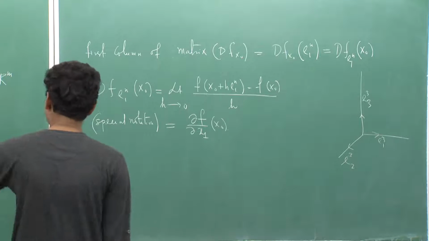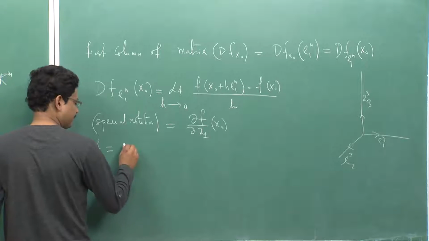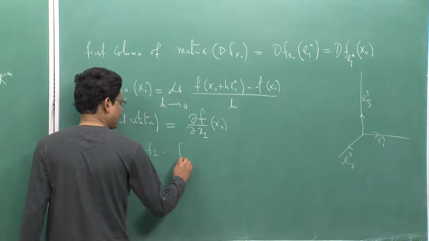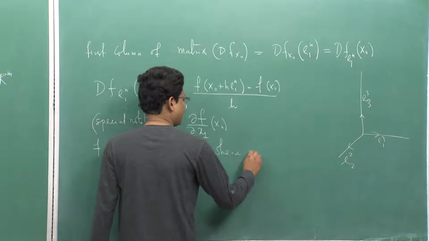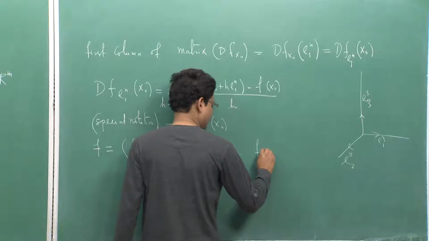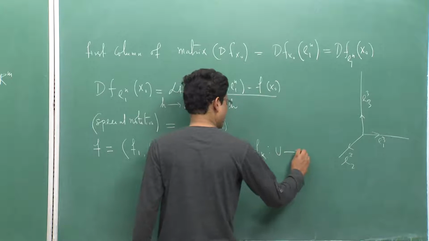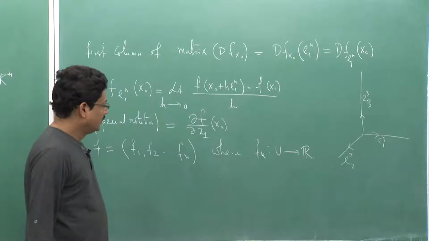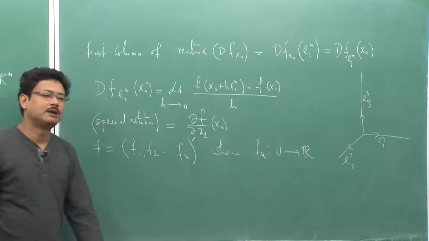Now, f is from Rn to Rm. So, I know f can be written as f1, f2, up to fm, where each fk is from U to R. So, f is actually this vector. Maybe I should write it as a column vector.